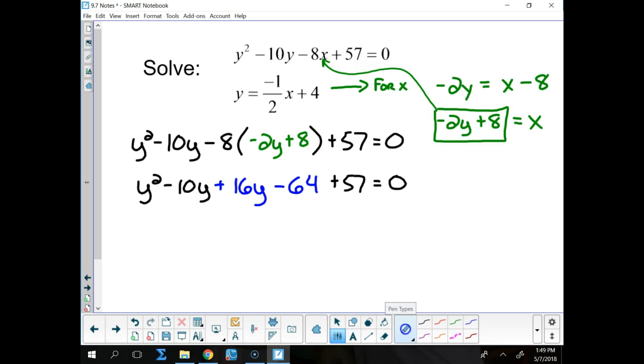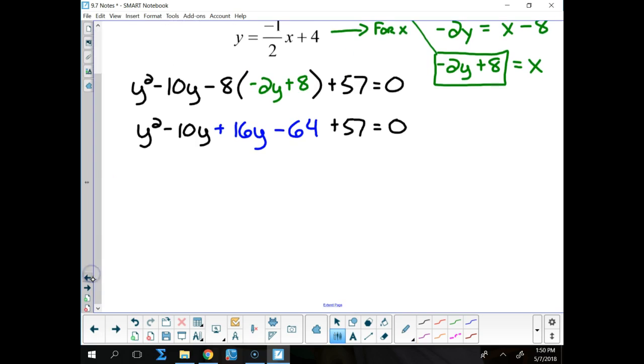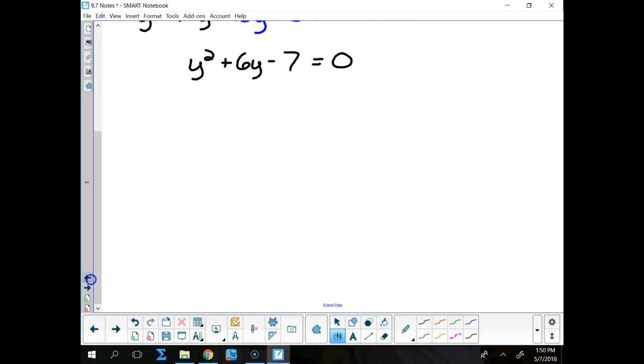So that becomes y squared plus 6y minus 7 equals 0.